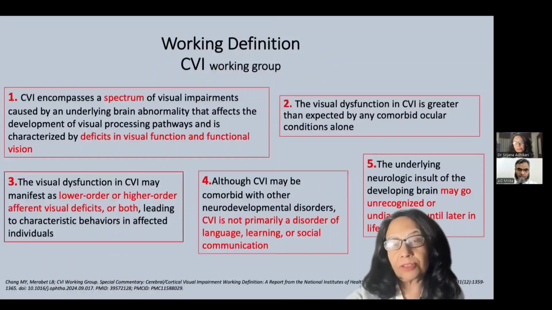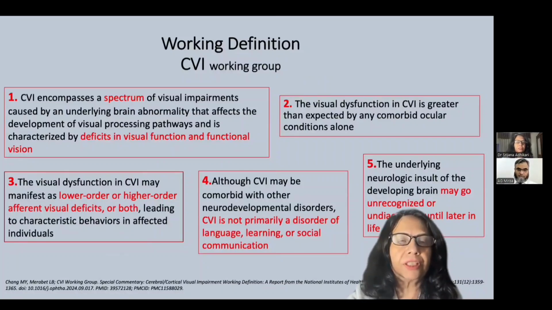So what is cortical visual impairment? The CVI working group has defined it in 5 different categories. Number 1, CVI encompasses a spectrum of visual impairments caused by underlying brain abnormalities that affect the development of visual processing pathways and is characterized by deficits in visual function as well as functional vision.